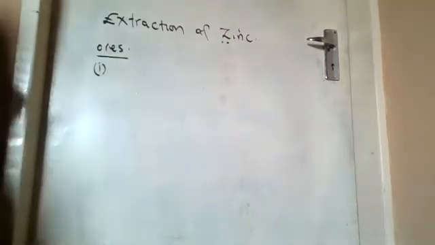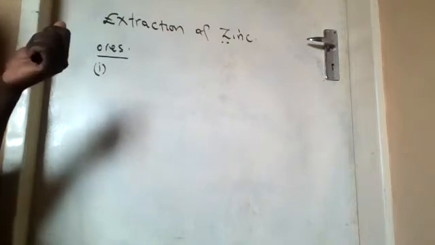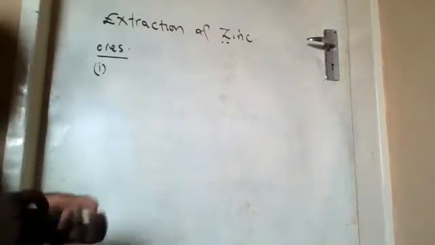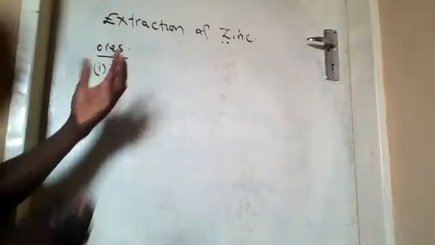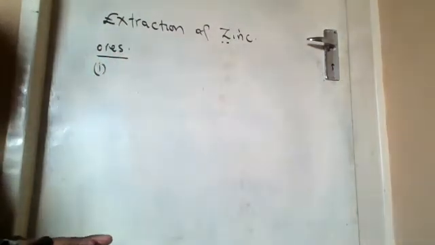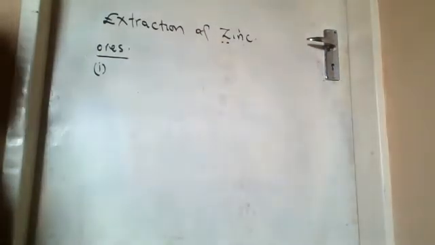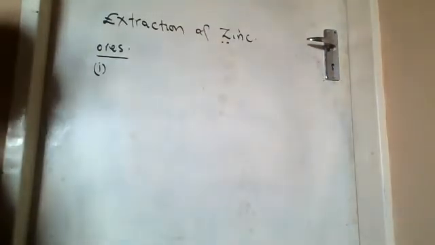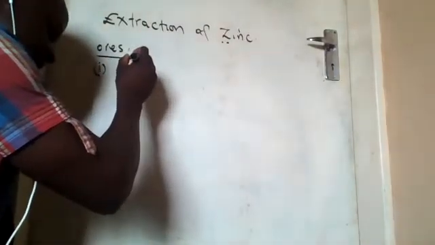So what I'm saying is that in the study of metals, the first thing is you have to look at the ores, the forms in which the particular metal, today zinc, can exist. But zinc can only exist in two forms. The first one is called calamine.